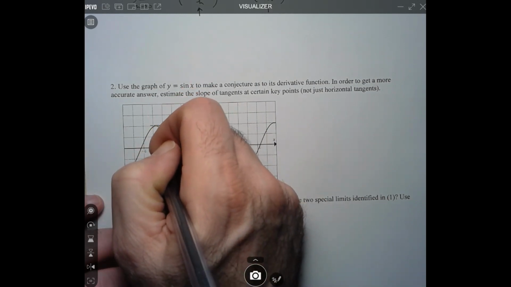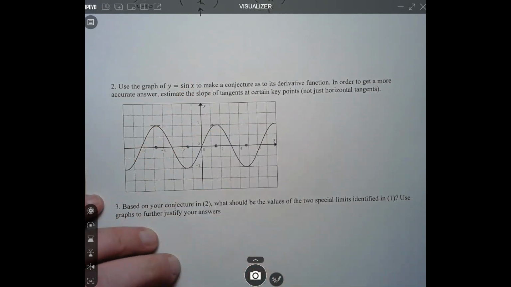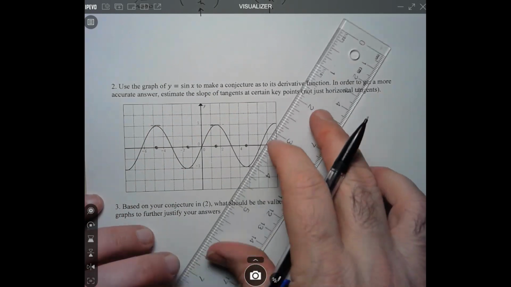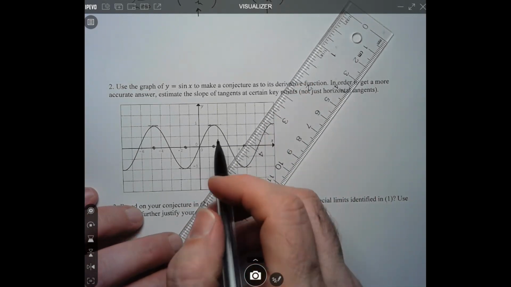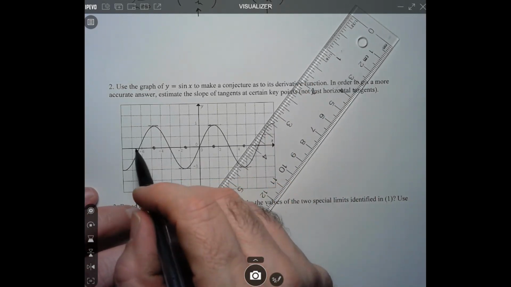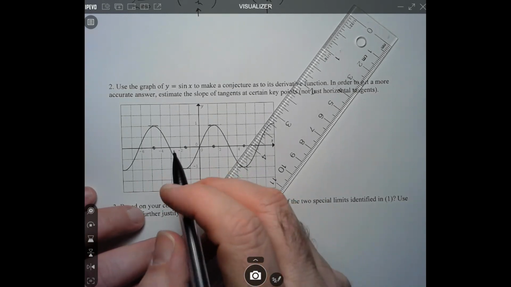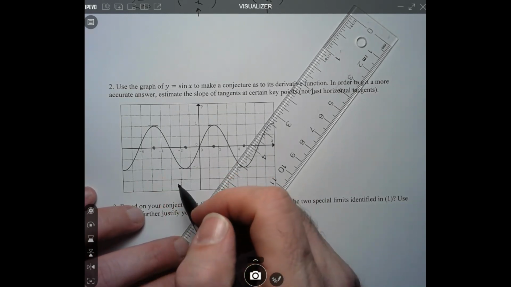Okay, so on and so forth. And now I'm going to try my best to draw a tangent. First of all, you might look at the x-intercepts of sine x, but there's actually a more important reason why I'm looking at those points.